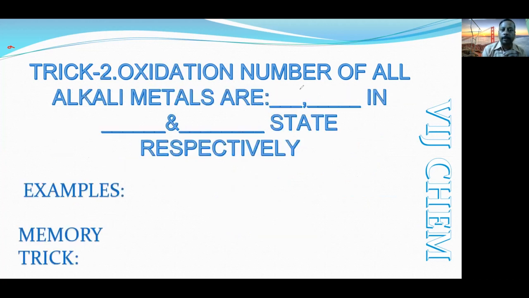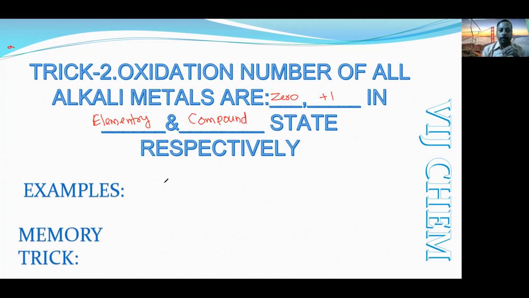The oxidation number of alkali metals is 0 and +1. 0 will be in the elementary state and +1 in the compound state. So I think the second trick is understood.